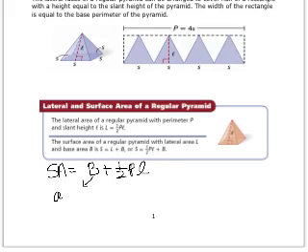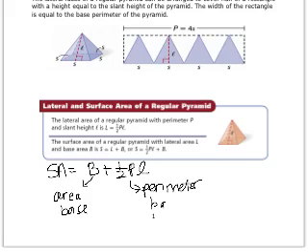B stands for area of the base. Notice there's only one B because there's only one base. P stands for perimeter of that same base that you did the area of, perimeter of the base. And then L, we just said, was slant height. You want the height along the outside of your pyramid.